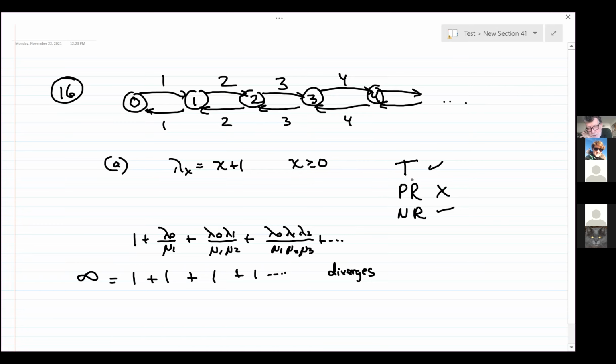So at this point, we don't know whether it's transient or null recurrent. Let's see if we can go a little bit past what I did in class so we can solve the whole problem. To do that, you probably have to look in the book for when it's transient and when it's null recurrent.